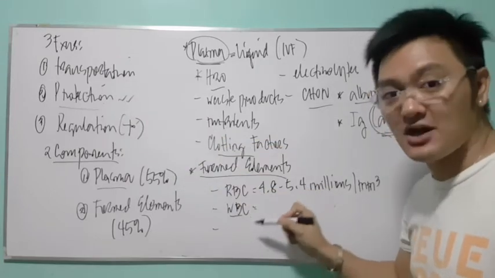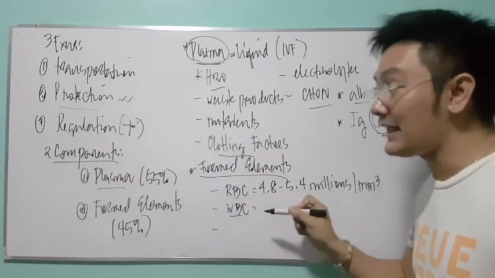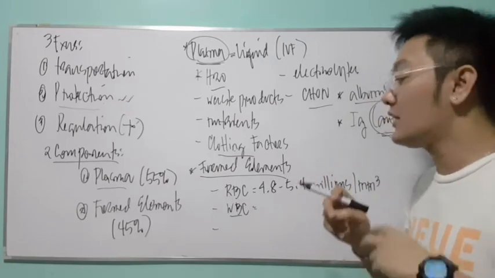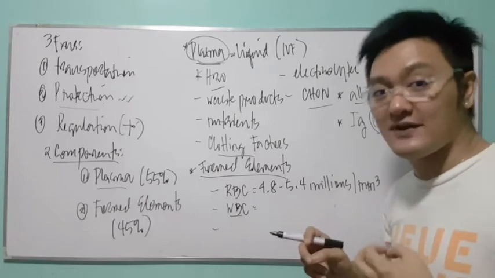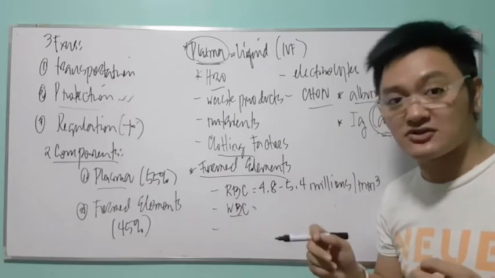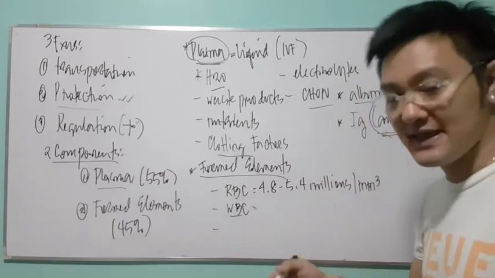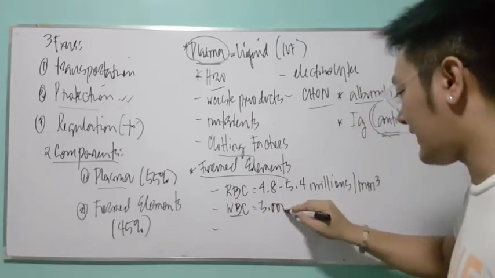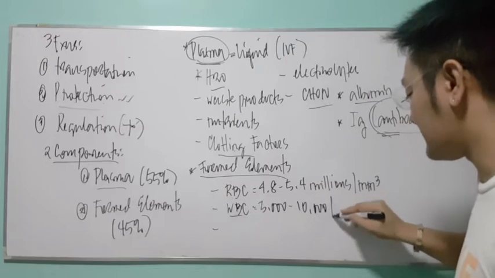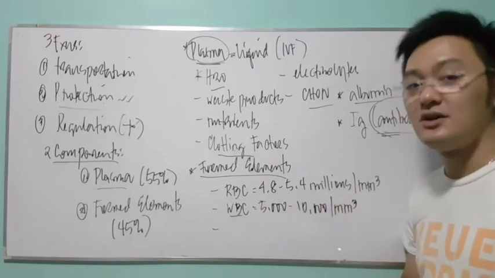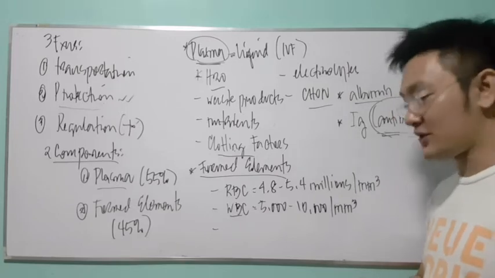This is the cell in the blood that serves as soldiers in the body. They will protect you in any form of assault, particularly infection, invasion of microorganisms. The normal WBC count ranges from, of course, 5,000 to 10,000 per cubic millimeter.